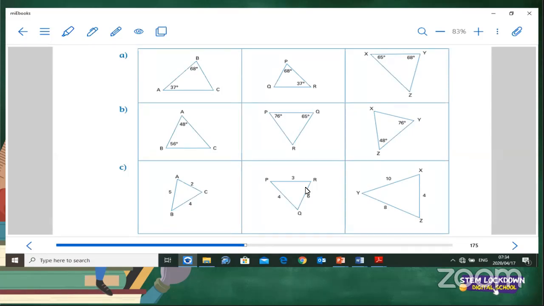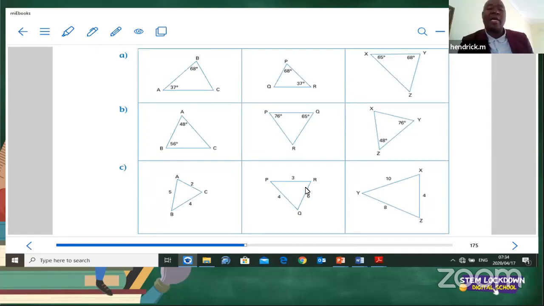Then I said 48 plus 56 plus C is going to equal 180 degrees. Then I added those two, which gave me 104. And then I subtracted 104 from 180. Definitely. I fully agree with you. So triangle ABC will be similar to triangle XYZ.